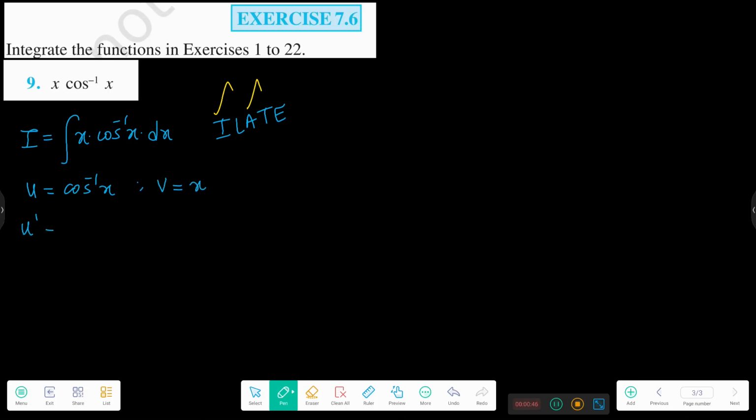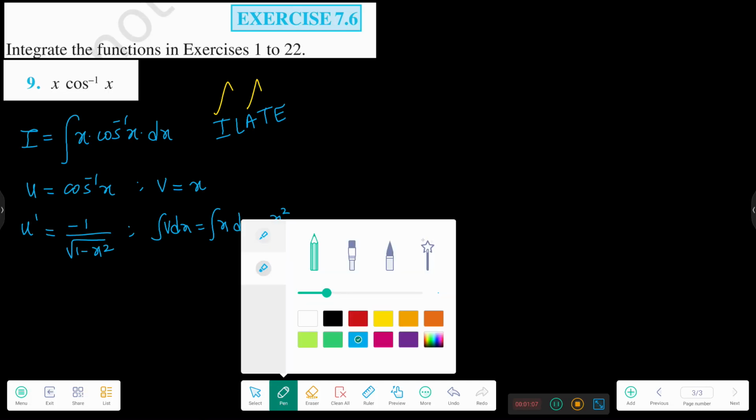We have to find u dash. U dash, the derivative of cos inverse x, is minus 1 divided by square root of 1 minus x square. And the integral of v dx, which means the integral of x, is x square divided by 2. Now we can apply the formula.